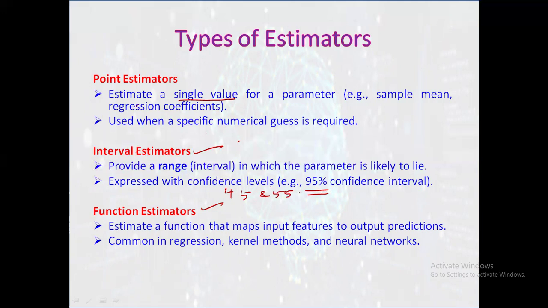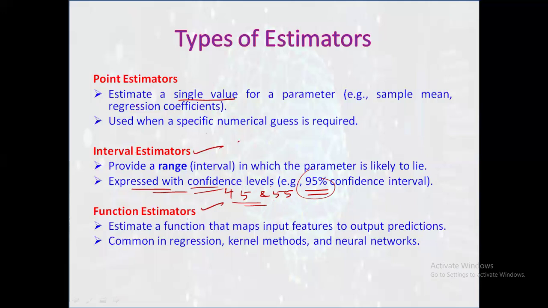This is expressed with a confidence level, so with 95% confidence, we can say the population mean lies between 45 and 55.